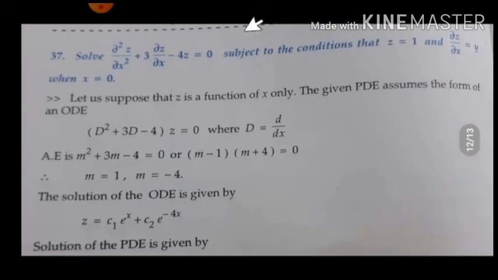Similarly, we will study one more problem. ∂²z/∂x² + ∂z/∂x − z. So the numerator contains the dependent variable and the denominator in the derivative is the independent variable.